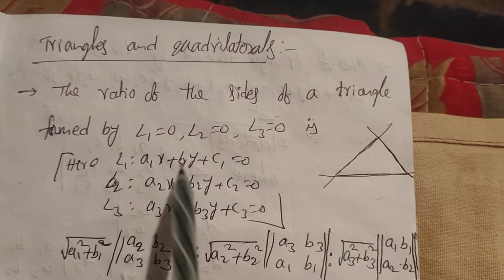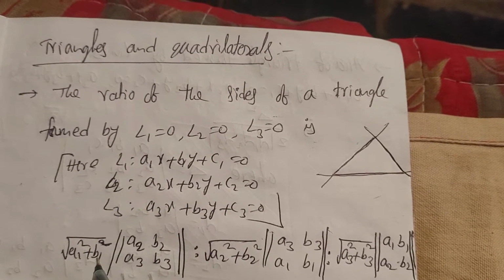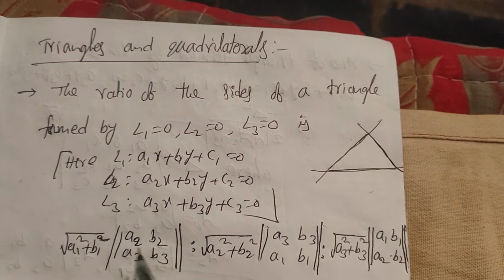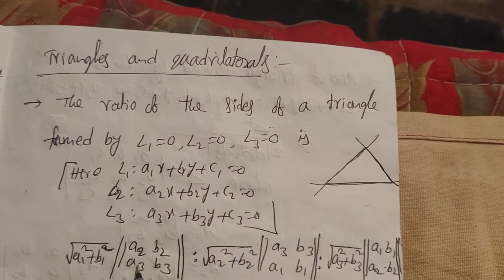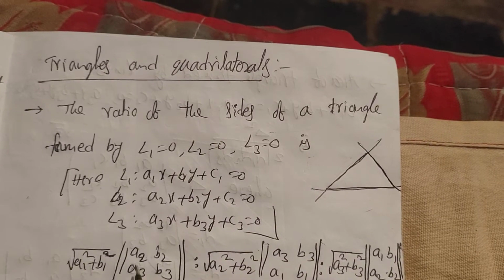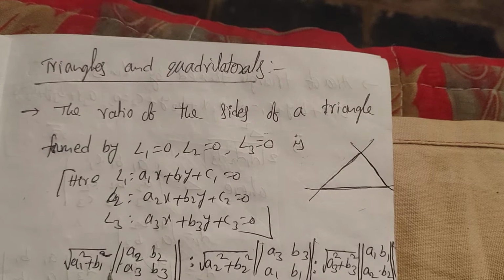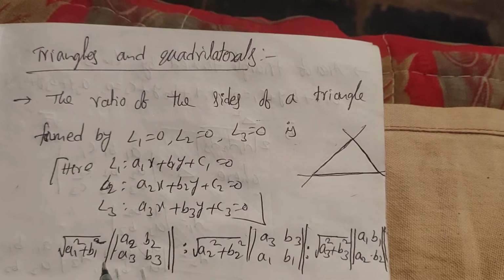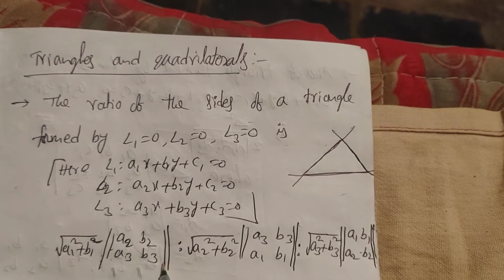Here we have to use the coefficient of x and coefficient of y, that is the root over a1 square plus b1 square, into the modulus of the determinant. This is for the determinant, and this is for the modulus, because whenever you have a negative, make it positive, so you have to keep the modulus.